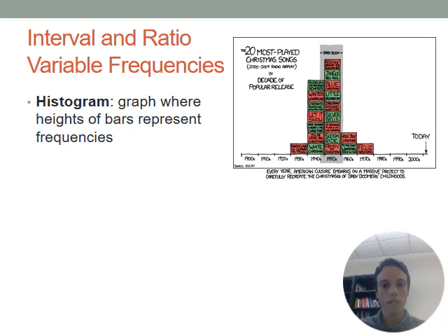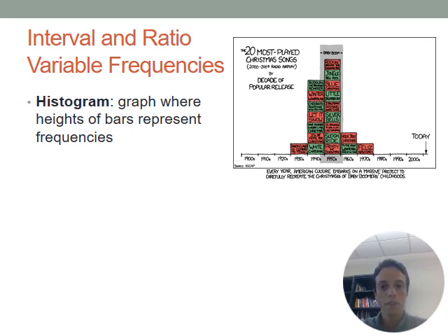On a histogram, though, we have numerical variables. And there's not really a meaningful difference between, say, 1939 and 1940, if you're thinking about the year that a Christmas song was released, and so we smush those numbers together on our x-axis, and we smush our bars together as well.